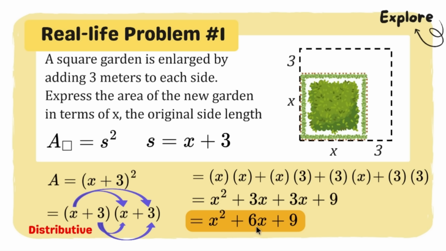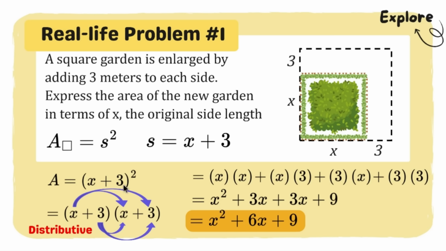Next, we have here 6x. So, kung balikan natin itong first binomial, parang ang nangyari dito is yung 3, minultiply lang natin sa 2, kaya po siya naging 6. And then multiplied to x, that's why we have 6x. And then our last term here, the third term, is 9. Let's go back here.